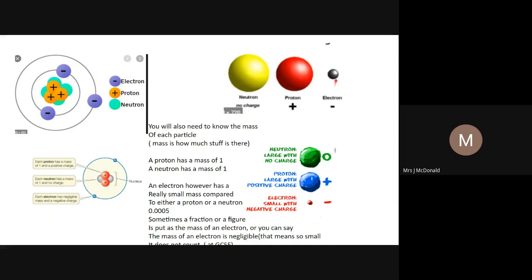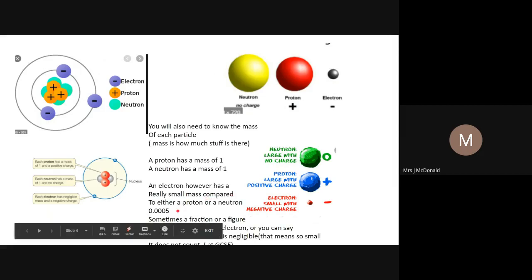Electron, however, and even look at the size of this in comparison to these, an electron is really small. It's got a really small mass compared to a proton and a neutron. In actual fact, we can write it as a fraction or a decimal here, or sometimes a figure, 0.0005 compared to the 1.